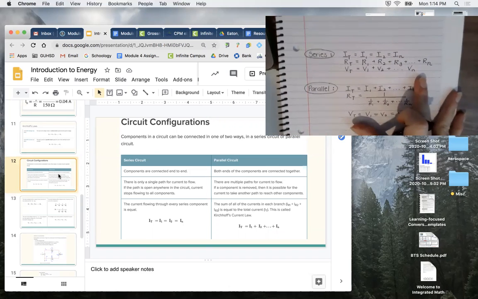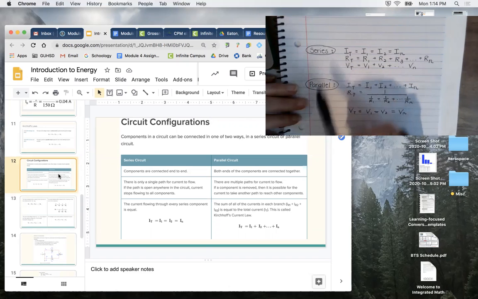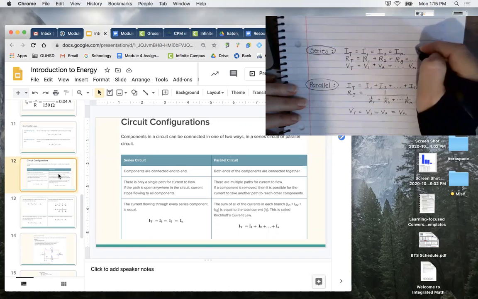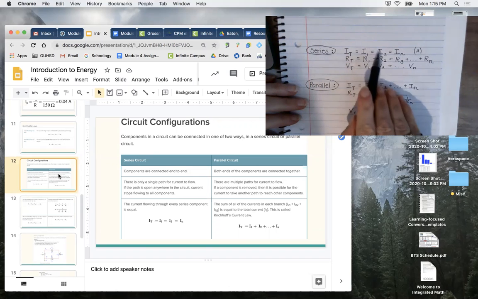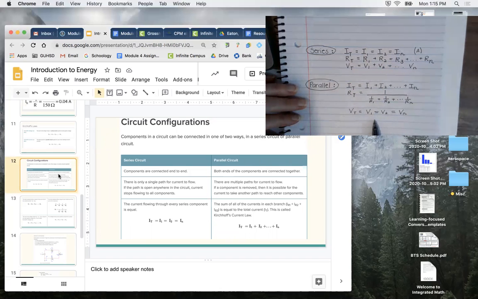So I'm going to talk about the difference, as far as calculations go, between a series circuit and a parallel circuit. In a series circuit, your current, which is measured in amps, is equal throughout. It stays the same all the way across. Whereas in a parallel circuit, your voltage never changes, okay?